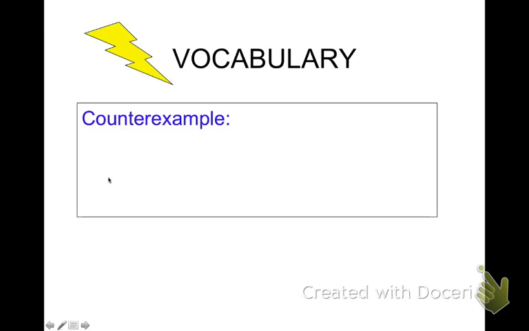So now what we're going to do is we're going to talk about how to find a counterexample of a conditional statement. You guys did a whole lot of counterexamples on your homework and yesterday in class.